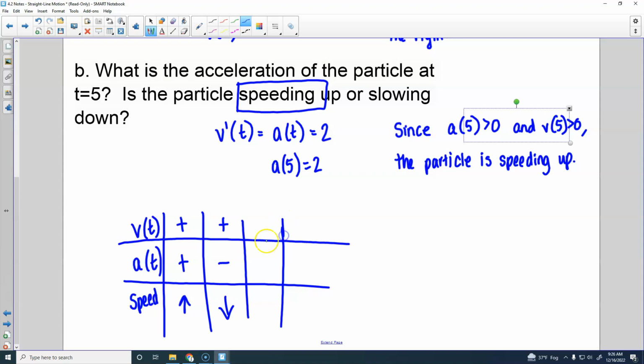But consider this. Negative, positive. Going in the negative direction, but you're speeding up. Okay? You're going in the negative direction, but your acceleration is positive. So what does acceleration being positive, what's that tell us about velocity?